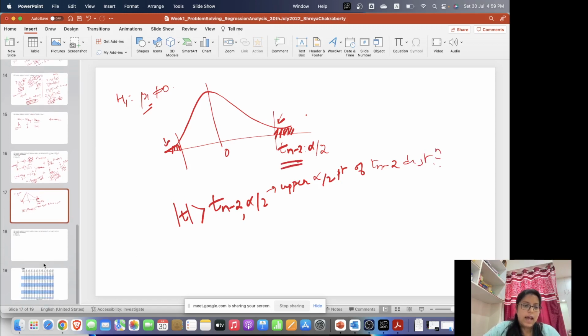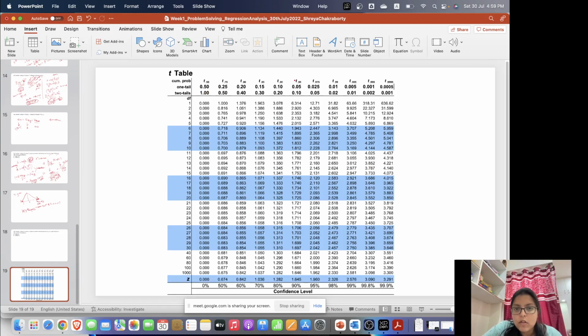So I have a t table with me, and we'll consider these two-tailed tests, and our level of significance is alpha 0.05, and the degrees of freedom I'm interested in is 18. So the upper alpha critical point is 2.1. So this is t_0.975.